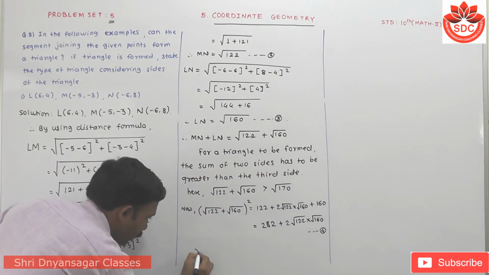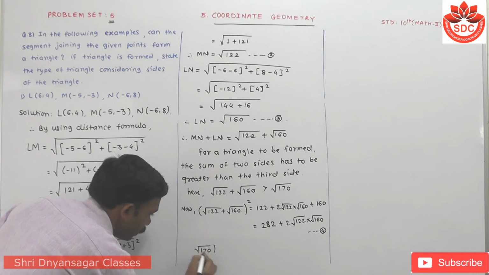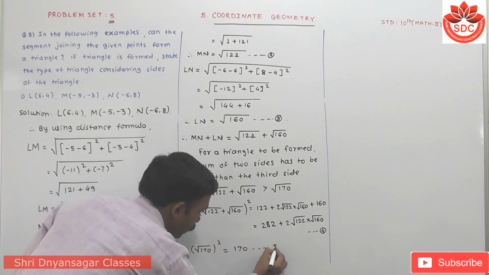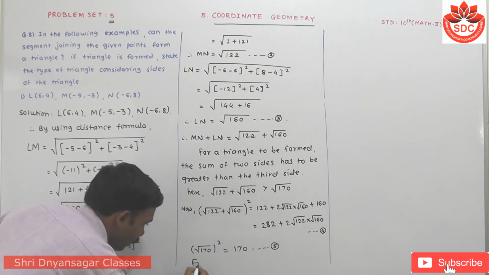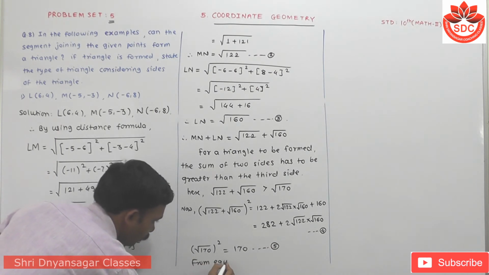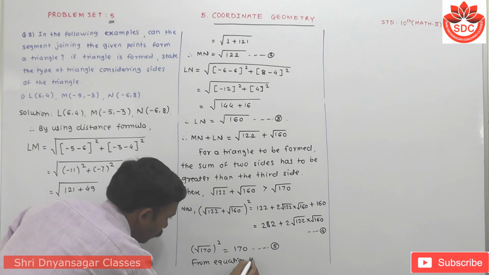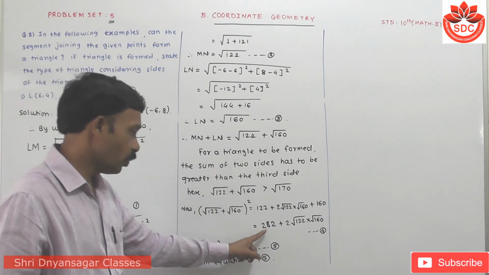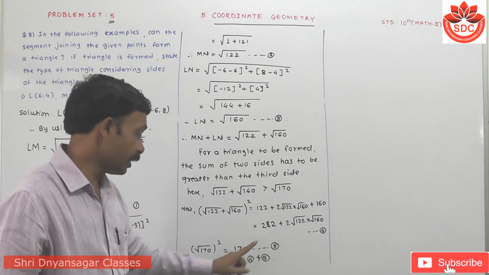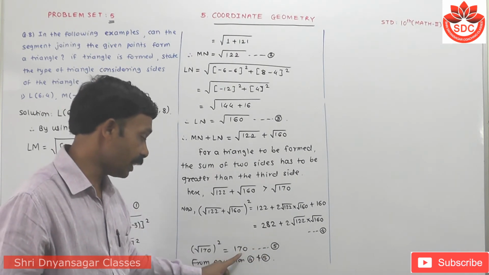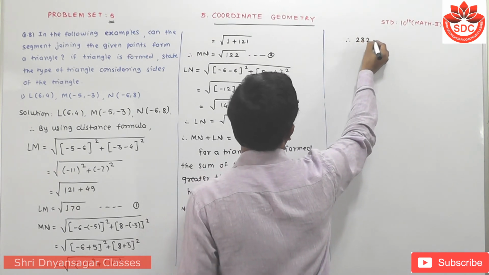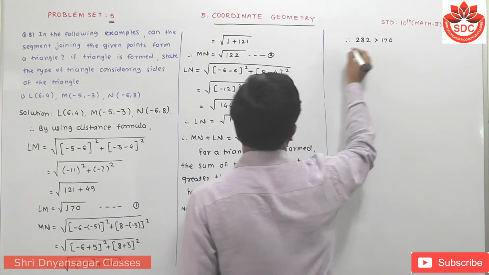Then we take root of 170 squared also. This is 170. Equation 5. From equations 4 and 5, we observe carefully: 282 is greater than 170. That means this value is greater than this one. So I directly write here that 282 is also greater than 170.